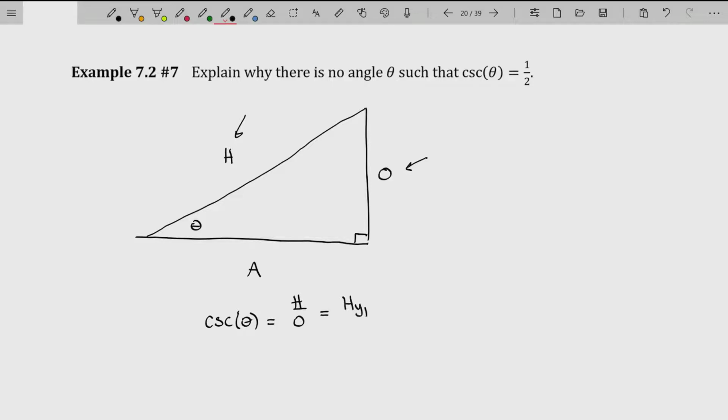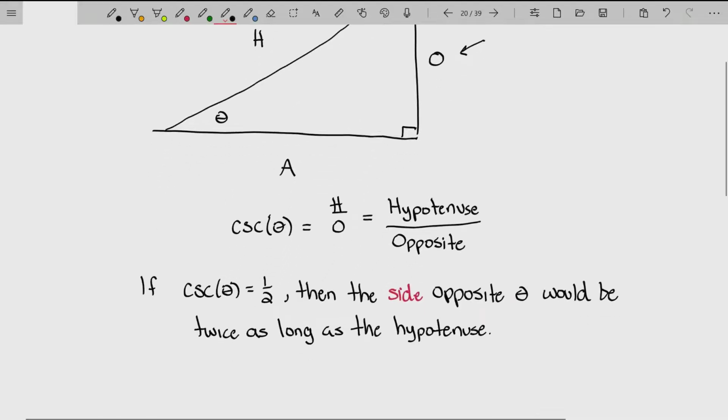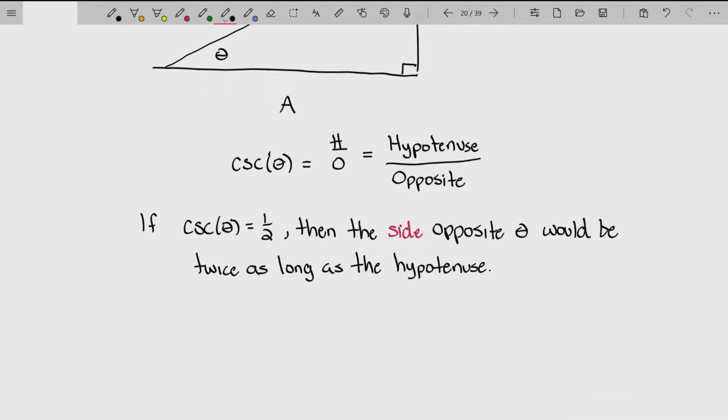So I'm going to write that down. It's the hypotenuse over opposite. All right, well, if this was 1/2, that would mean the side opposite theta was twice as long as the hypotenuse. Let me write that down. You should see there's a logical fallacy there. The side opposite, I highlighted the word side because it's a side of a right triangle.